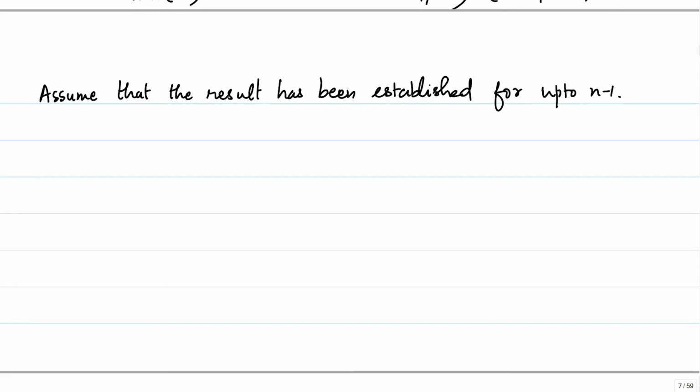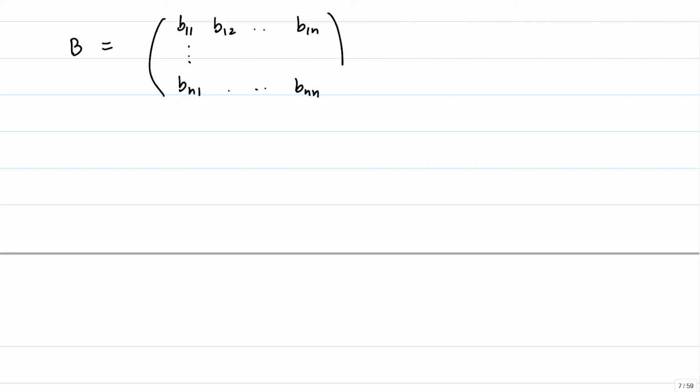So let B be the matrix with entries B11, B12, up to B1n, down to Bn1 up to Bnn. Notice that each of these Bij's is in P1 of R. So they are polynomials of degree less than or equal to 1.